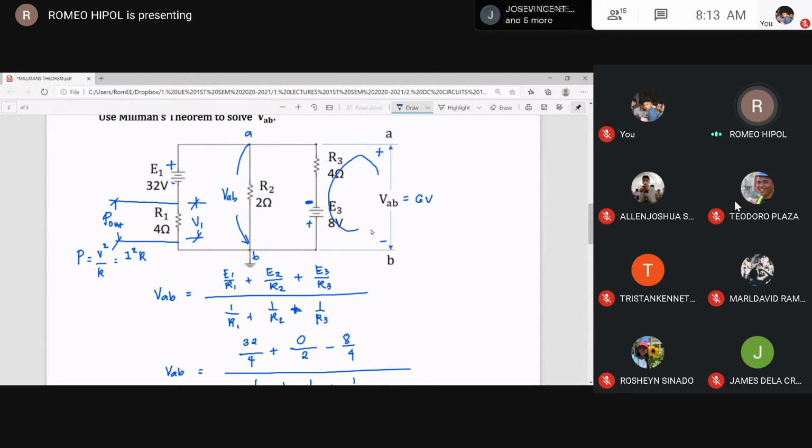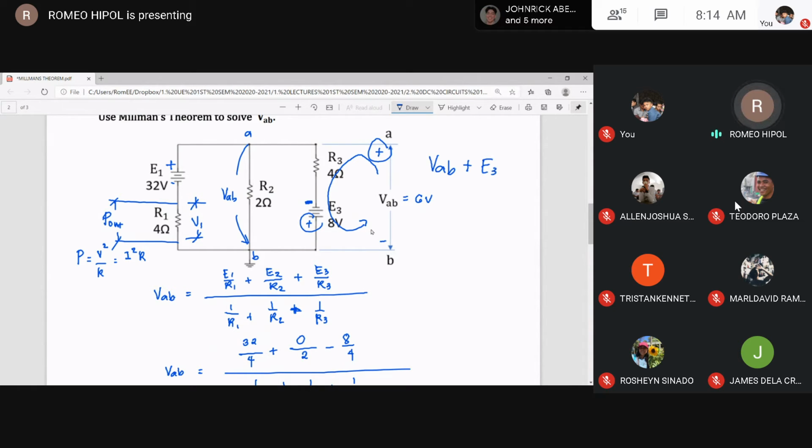So we will apply KVL for a counterclockwise loop direction. So get the positive terminal, so terminal VAB plus terminal voltage E sub 3.